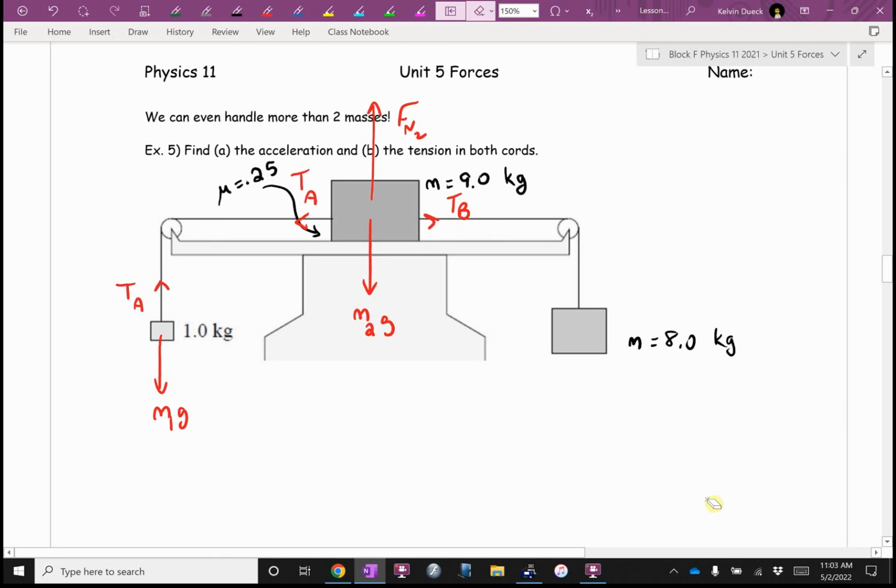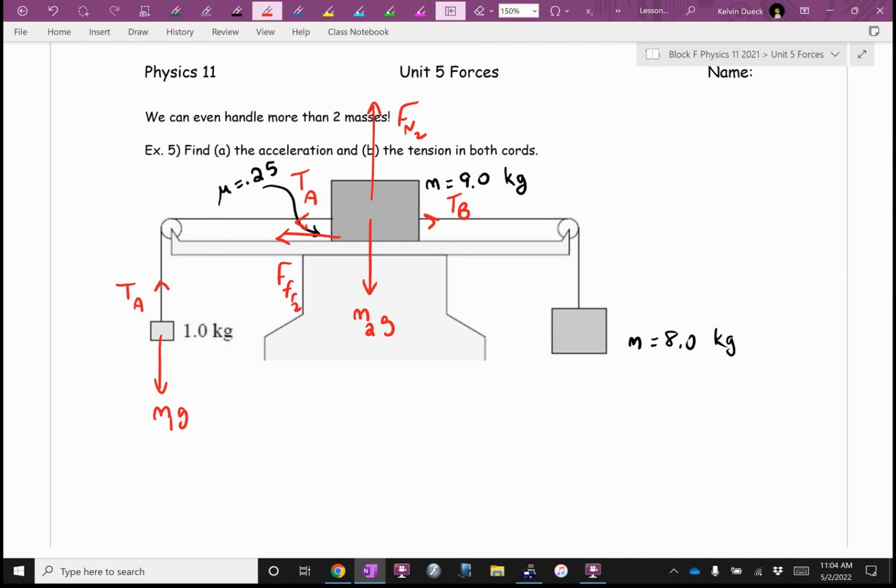This one's got to be pulling down. So it may be that when I solve this, I get a negative acceleration. What that's actually going to tell me is friction is so big that everything is just dangling and stuck. So I'm going to say friction is pointing that way, and I'll call it friction force number 2 to go with mass number 2, because I think it's sliding to the right.